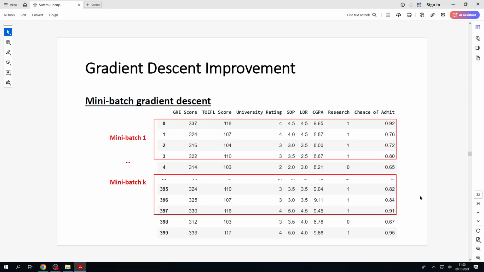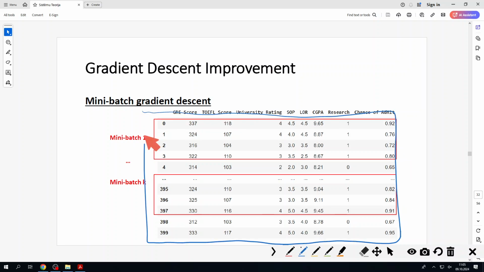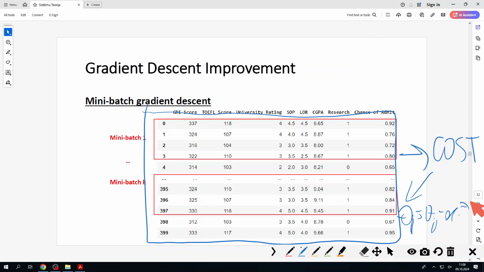Normally how we were using it was that we go through all of our data. We take our entire data set, then we calculate cost, and from this cost we then update theta j, like theta j minus alpha multiplied by the derivative of cost versus theta j.